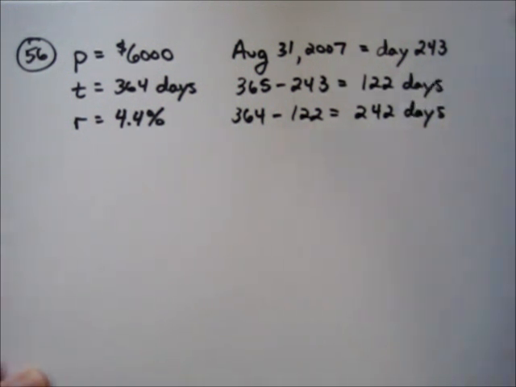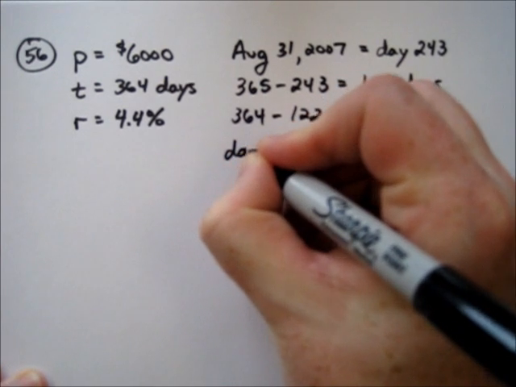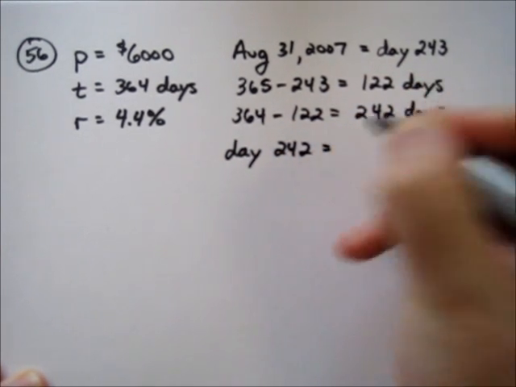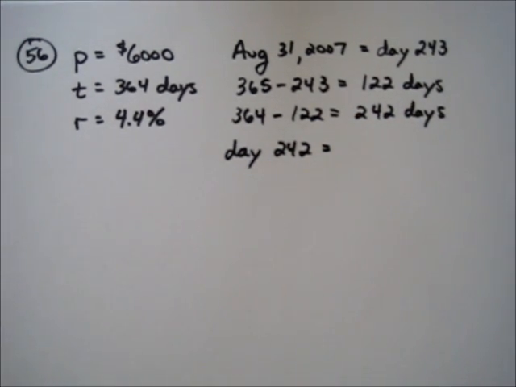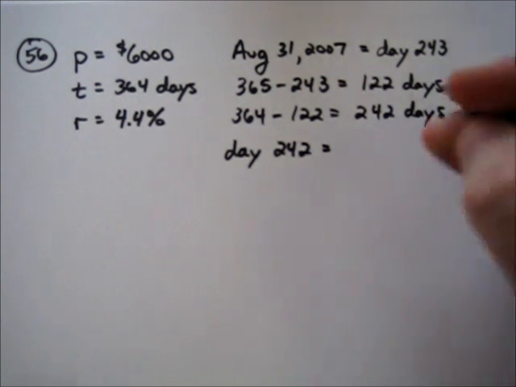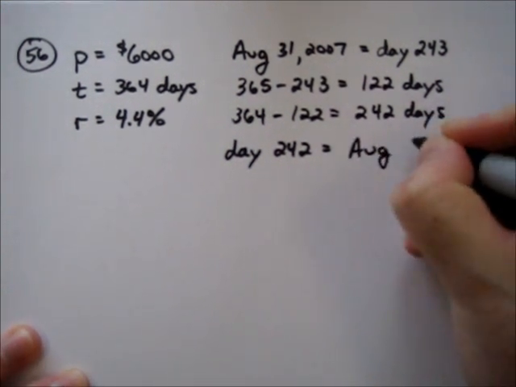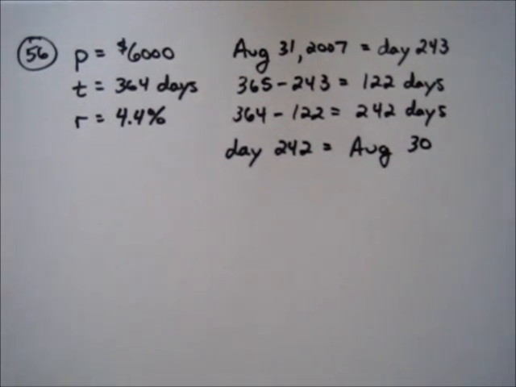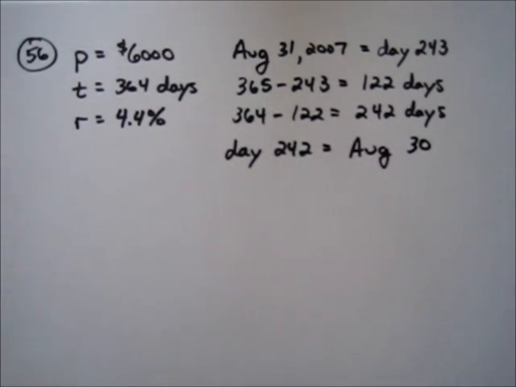According to my chart, if you look on the chart, find 242 in the middle, you can see that day 242 is August 30th. Now that's true in a year that is not a leap year. Because it's a leap year, there's an extra day in there for February 29th.